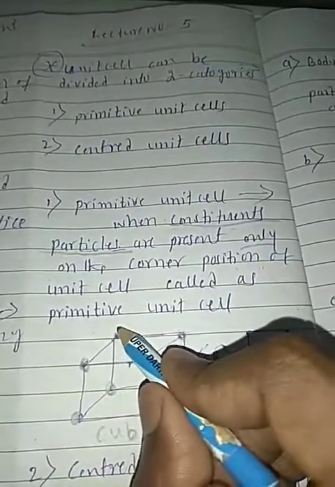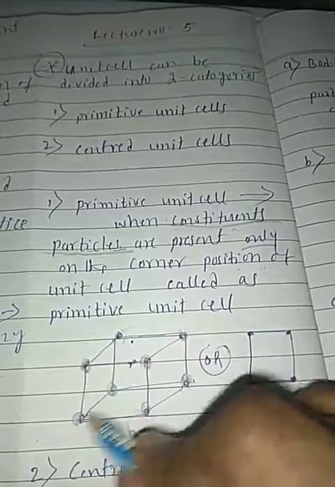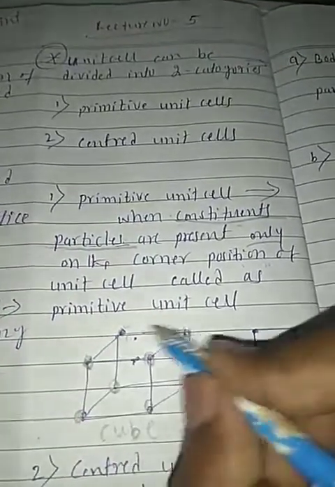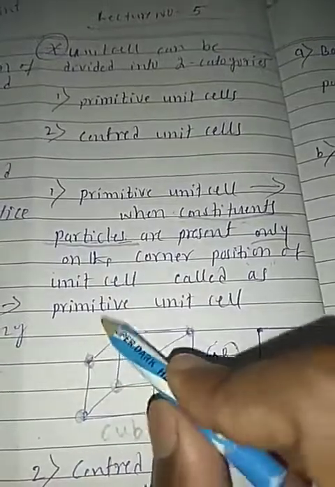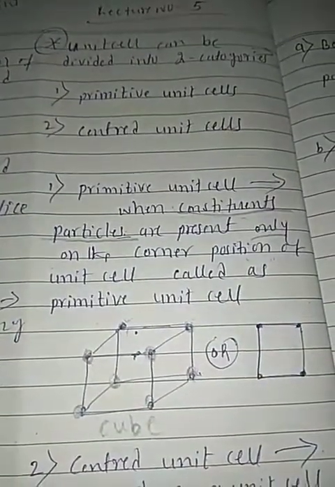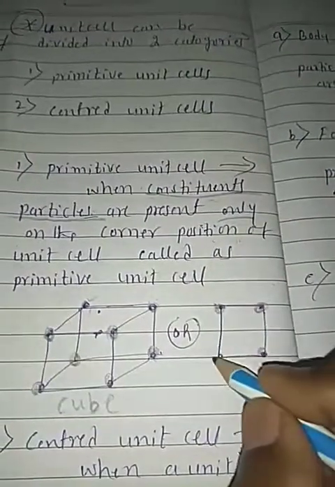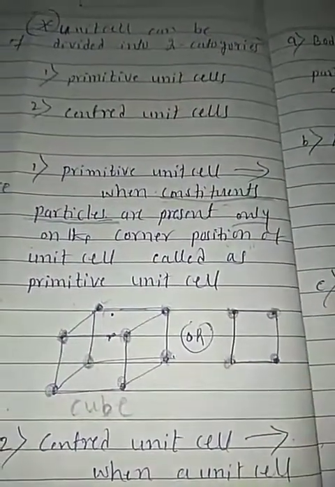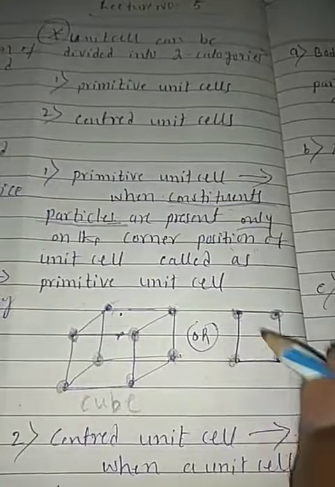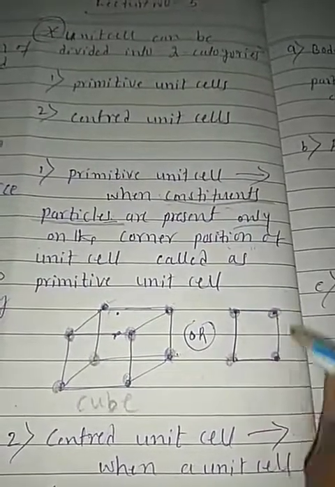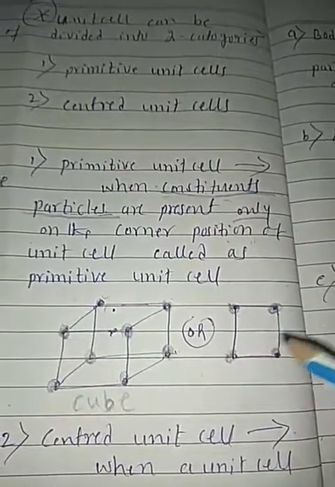All 8 constituent particles are only at the corner, so it is called a primitive unit cell. This is also a primitive unit cell, with constituent particles only at the corner. Right, students?